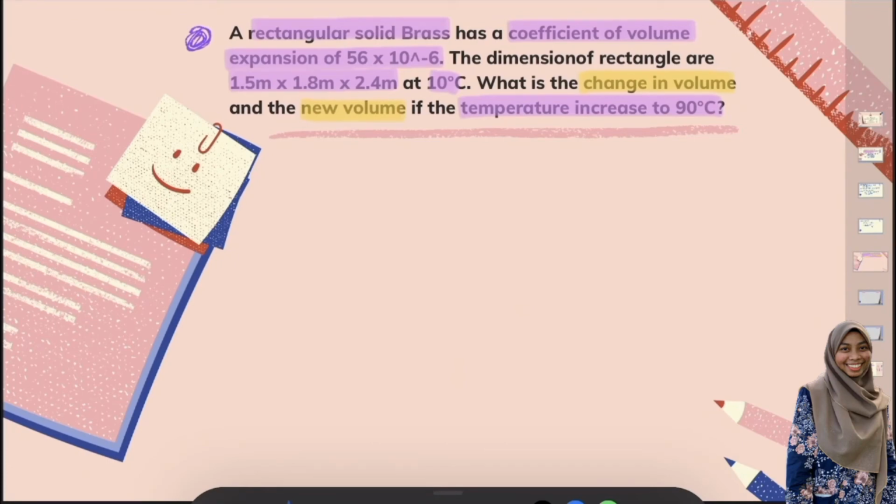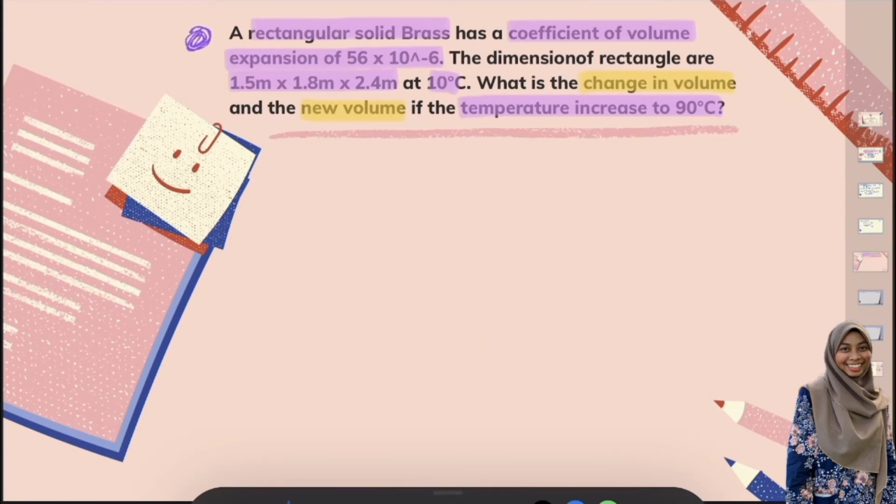So what is the change in volume and the new volume if the temperature increased to 90 degrees Celsius? So the answer wants us to find change in volume and the new volume.